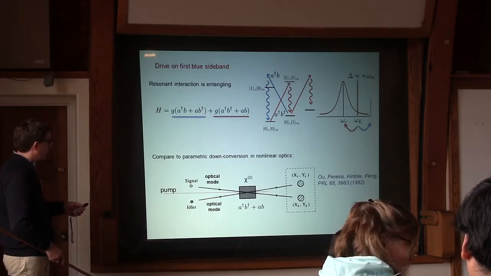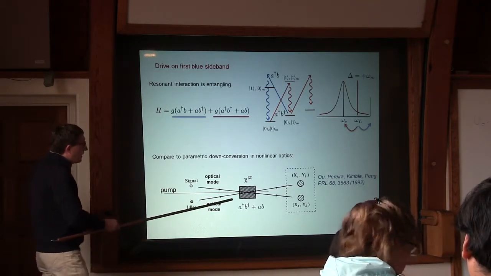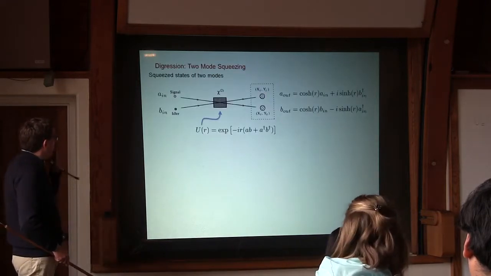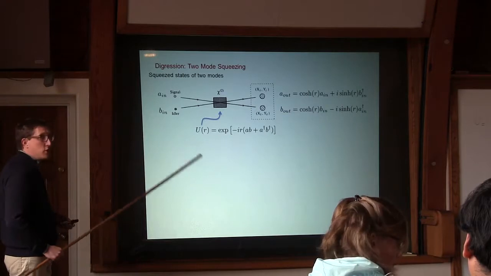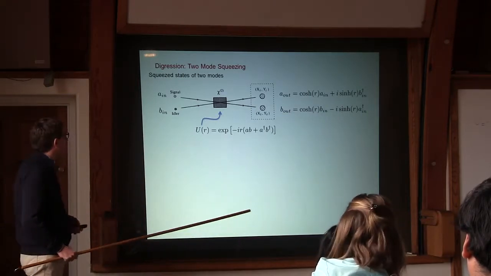And in that down conversion process, we can generate actually entanglement between the two optical modes. So let me make a short digression about entanglement and two-mode squeezing in the optical context.